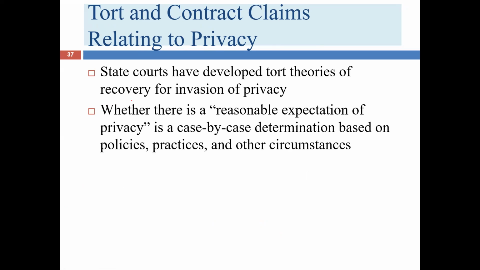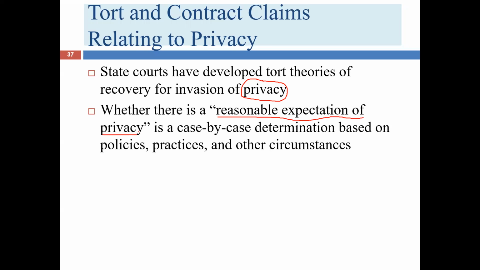So the state court systems have invented lots of different theories for how the privacy torts can arise. And we're going to talk about 4 of those. But whenever we talk about them, we're really talking about the reasonable expectation of privacy. That's in the background of all of these different theories.